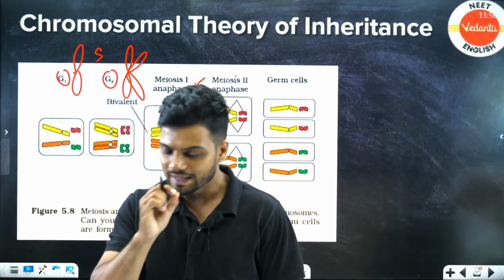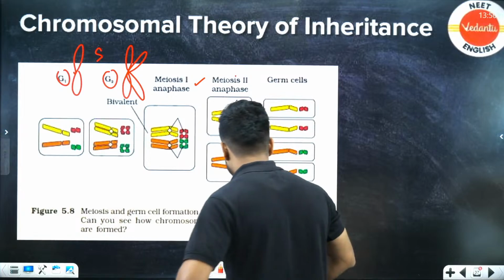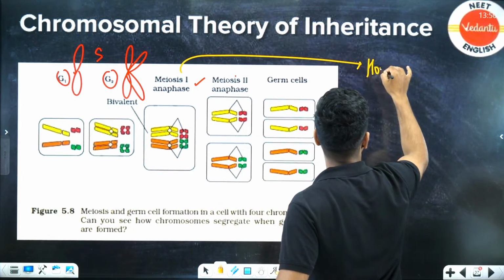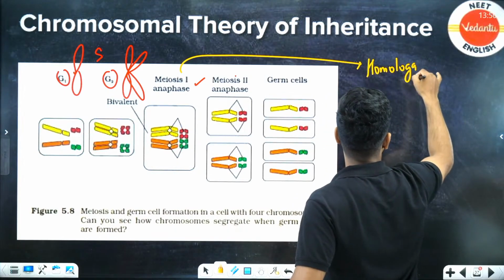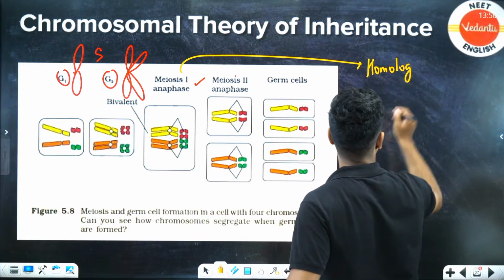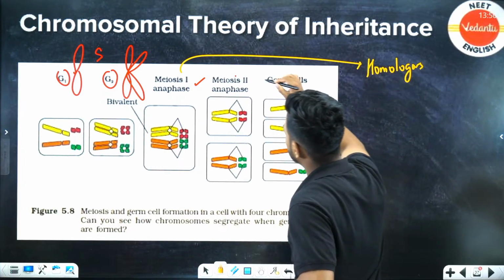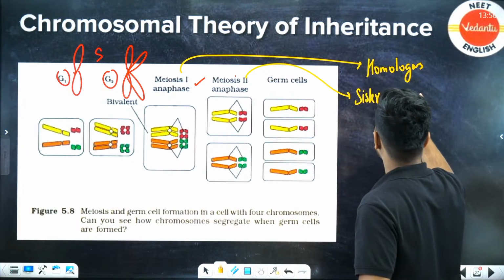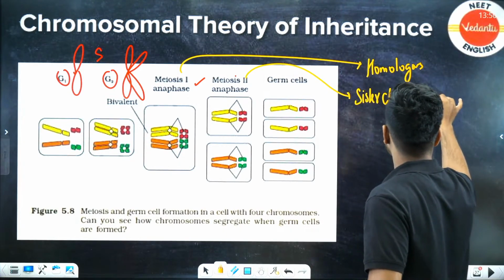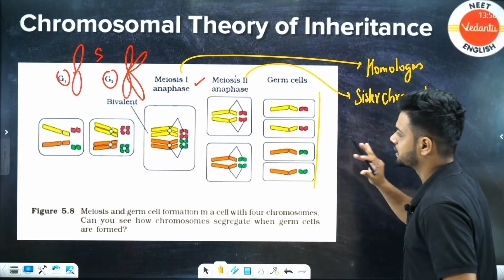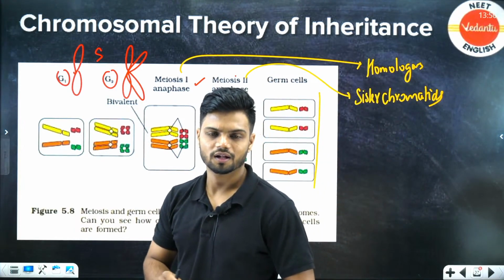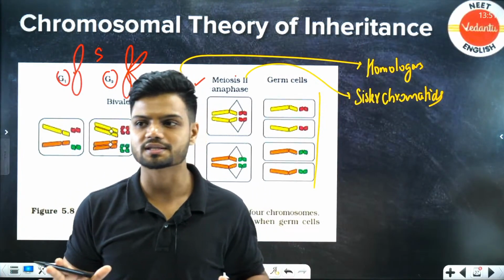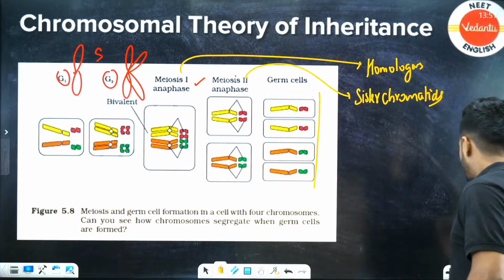In the case of anaphase 1, there is separation of homologous chromosomes. Then we have anaphase 2. In anaphase 2, there is separation of sister chromatids. Then we have the germ cell. So students, you need to understand the separation of chromosomes is similar to the separation of genes. That's all.